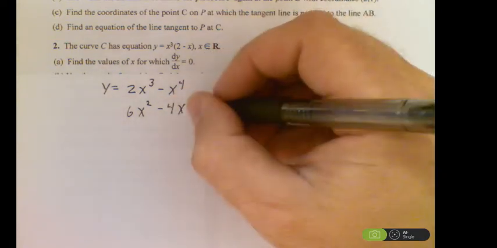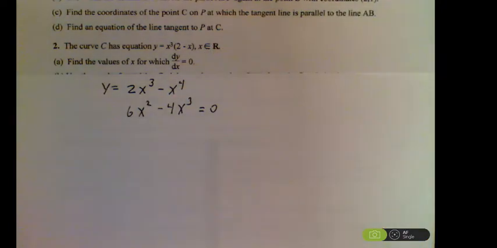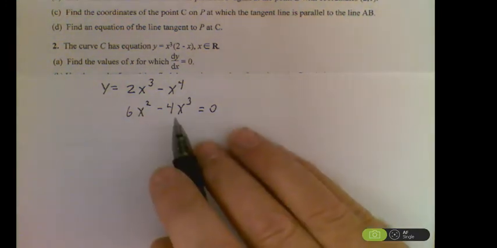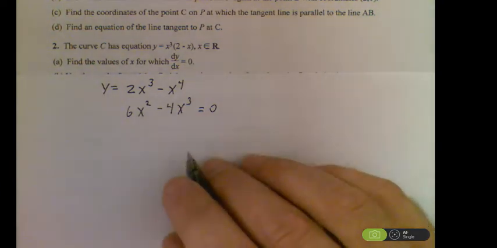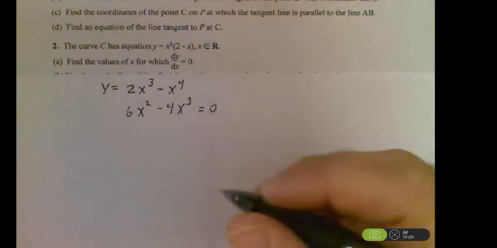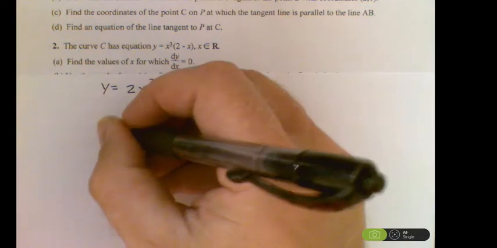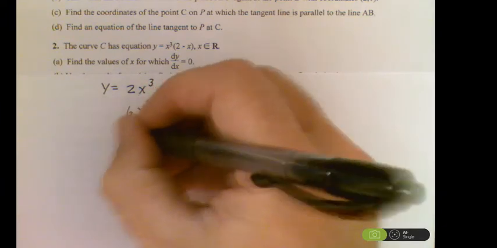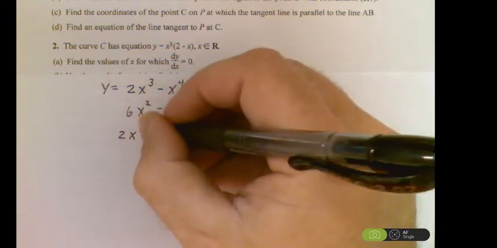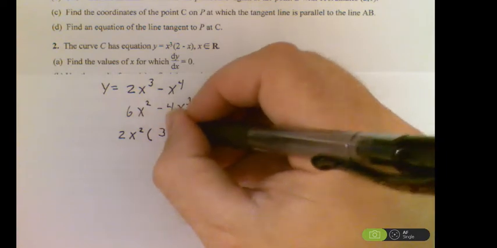And this one is asking to find the values for x where the derivative equals 0, so we're going to set that equal to 0. Best way to solve from here would be to factor out a greatest common factor. So in this case, 2x to the second could come out of each term. So that's going to leave you with 3 minus 2x.